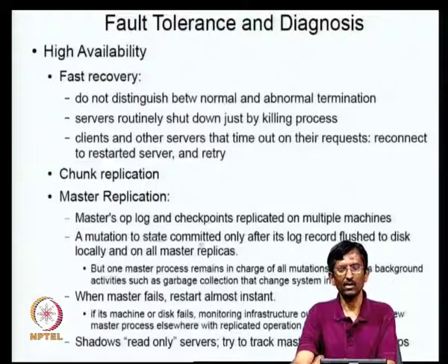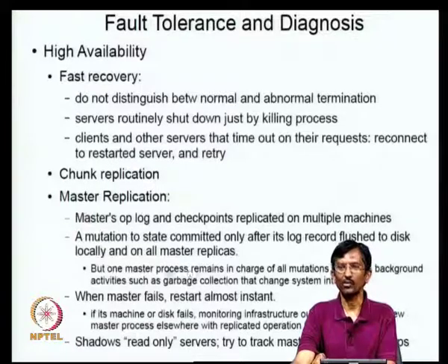The mutation to state is committed only after its log record is flushed to disk locally and on all master replicas. All the shadows also get the log, but only the log; they don't have the actual data.